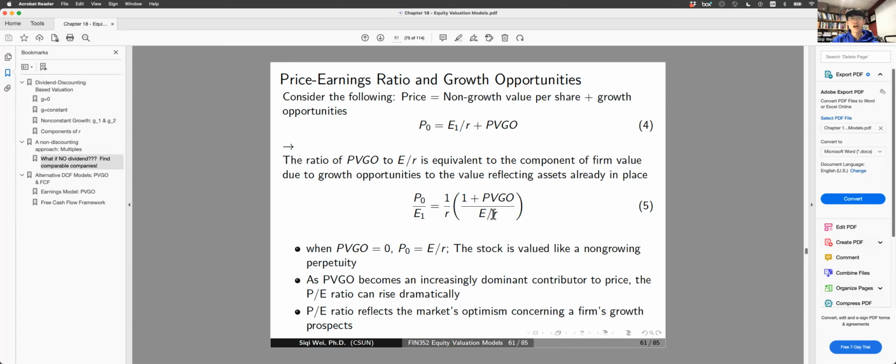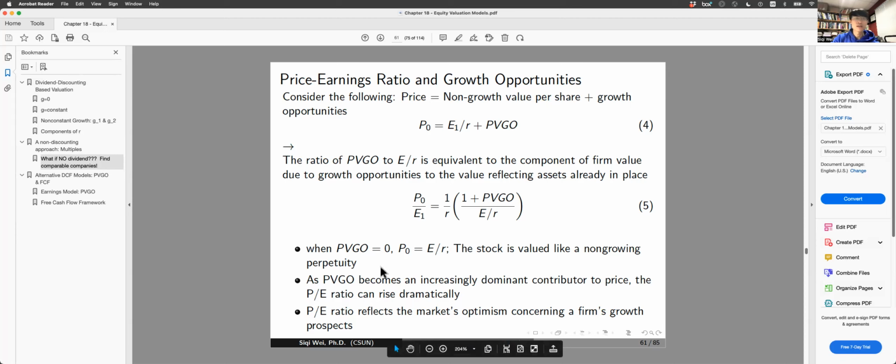And here you have E over R, so you will get P0 equal E over R. That is equivalent to the form of a perpetuity, right? That's exactly the idea of asset in place. You don't have any potential for future growth because your future growth opportunity is zero.